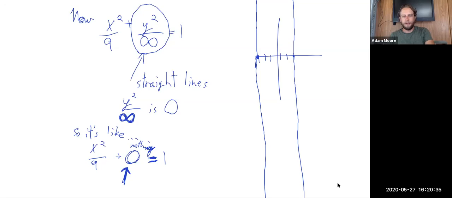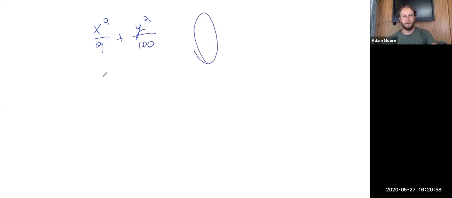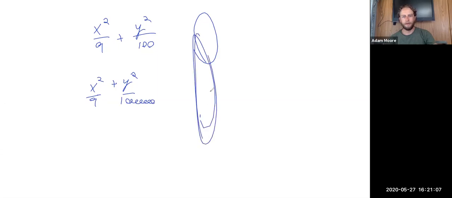We've gotten to the place of now crossing over the Jordan here. We've gotten to the place where it's x squared over 9 plus y squared over some number, 100 or something. Then it got so stretched out, like x squared over 9 plus y squared over a million, way stretched out, almost straight.